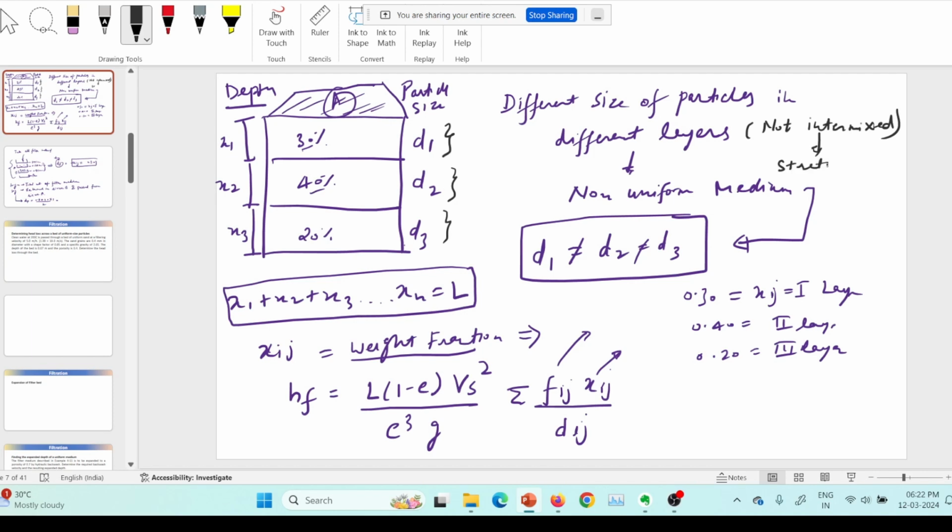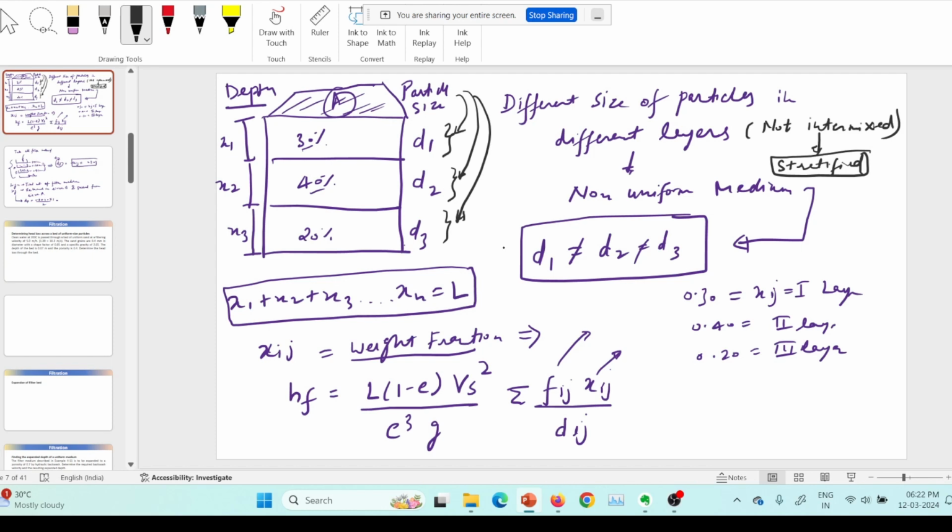Stratified. They have different particle sizes, and they may have different depths or different percentage of the fraction.